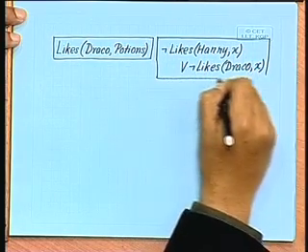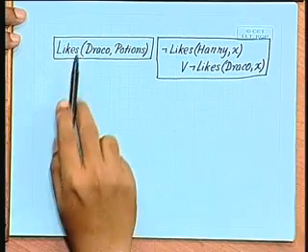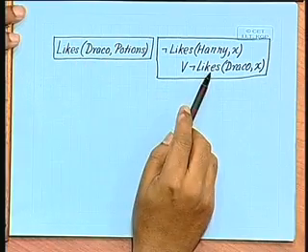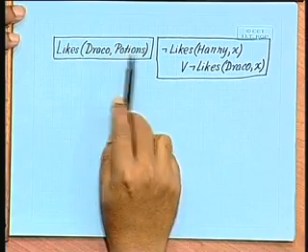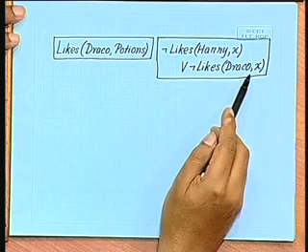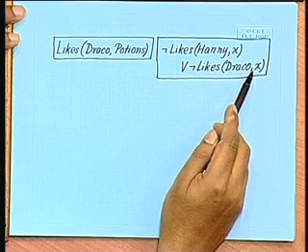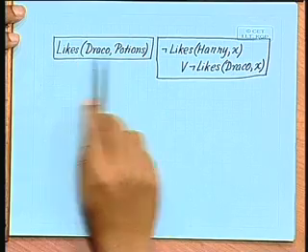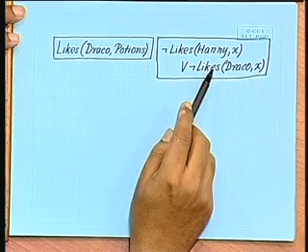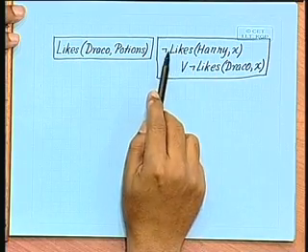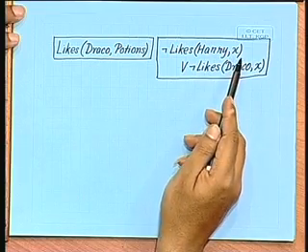Now, if we apply resolution on this, then we see that this and this will unify with the substitution of x by quotients, and because this is the negation of this, we will just have not likes Harry quotients.